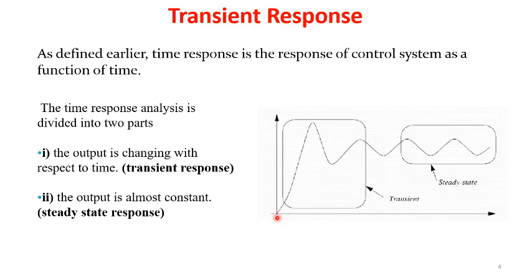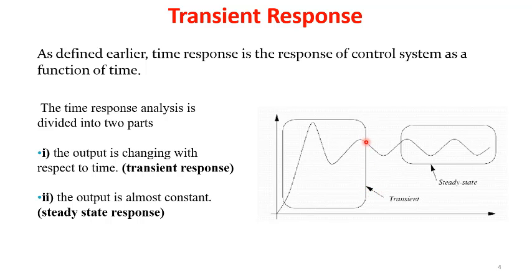So here the output changes with respect to time, and we can see a sinusoidal type of wave generated. In this type of response, the part until where the change in output is happening, we call it the transient phase.